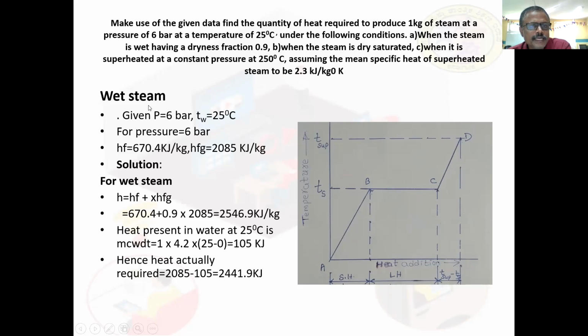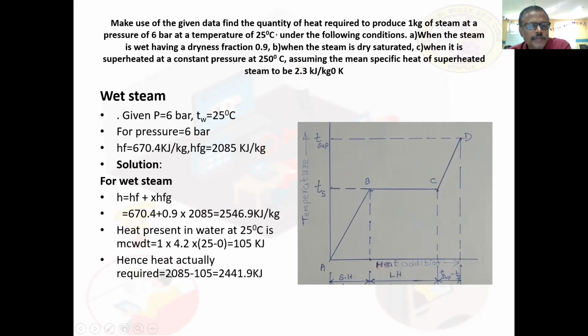You are basically calculating the heat required to produce wet steam, dry steam, and superheated steam. Here, by using this equation, H equal to Hf plus X into Hfg, we have calculated this. Heat present in water at 25 degrees centigrade is 105 kilojoules. Then enthalpy of wet steam is calculated by this equation, 2546.9.